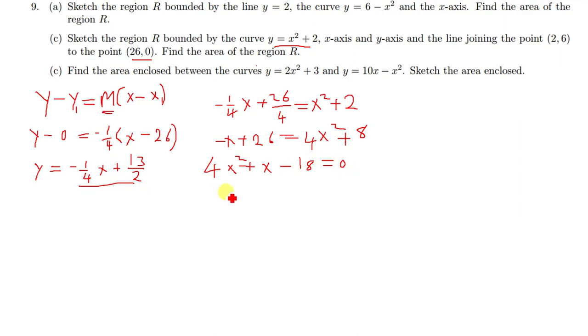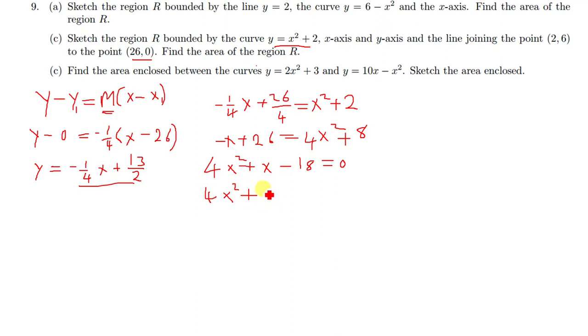So here it's just a matter of finding the values of x by solving the quadratic equation. How do you do that? 18 times 4 is nothing but 72. So the product here is -72, and the sum is 1. Which two numbers, when we multiply, give us -72, and when we add, give us +1? These numbers are 8 and 9.